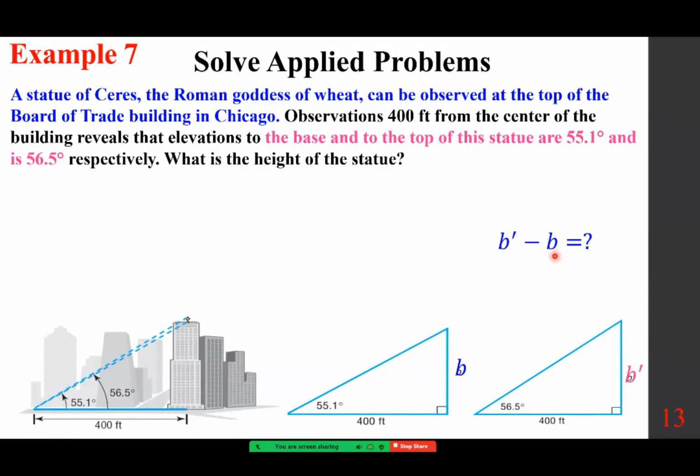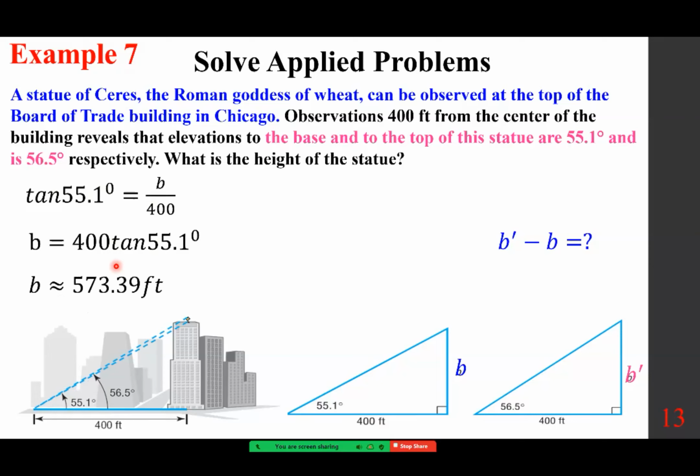B prime minus B. So tan of 55.1 degrees, according to this, is B over 400. The cross product gives us the B: 400 times tan of 55.1 degrees. We get 573.39 feet, again, using a calculator. So we are using this one, okay?